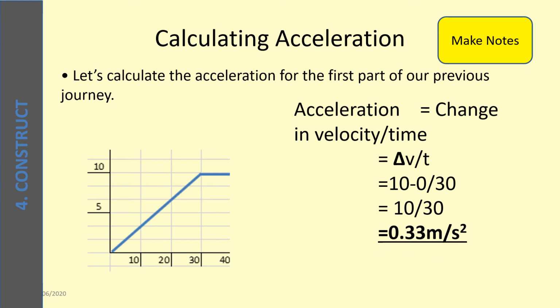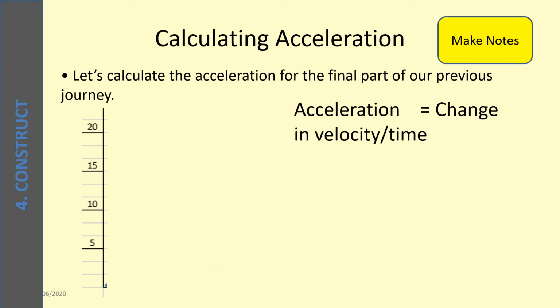The final velocity is 10 meters per second. The initial velocity is 0. So 10 minus 0. And the time is from here to here, which is 30 seconds. So if we put in our figures, 10 divided by 30 gives us an acceleration of 0.33 meters per second squared.